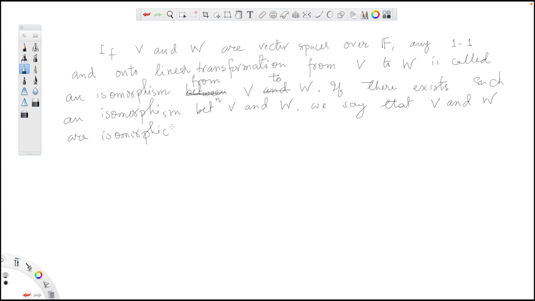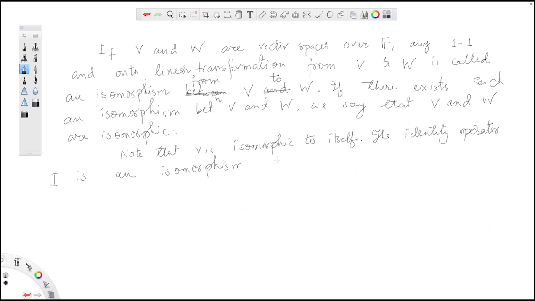The identity transformation, or the identity operator on the vector space V. So note that V is isomorphic to itself, it's a trivial thing, and the identity operator I is an isomorphism from V to itself.